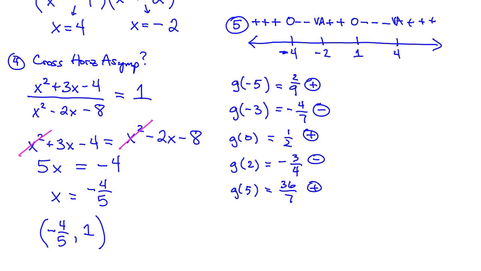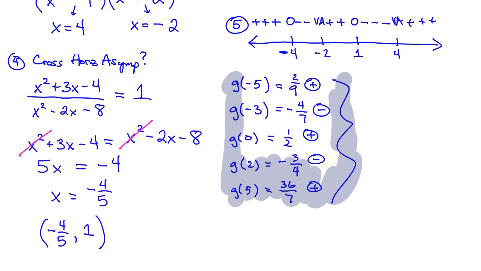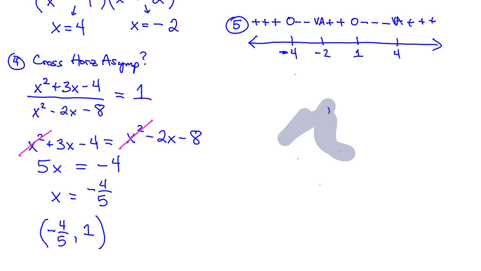All right, so these values here, these are the values that I use to generate the sign chart above it. I'm going to erase those so that I can have space to draw the graph. And now let's put in the graph.